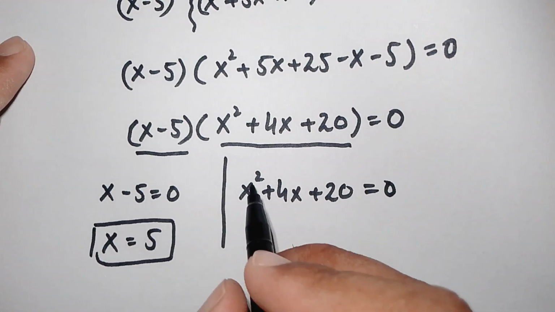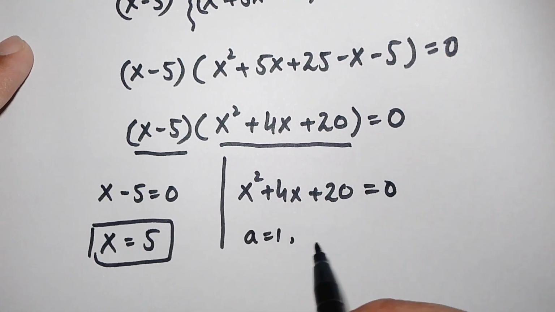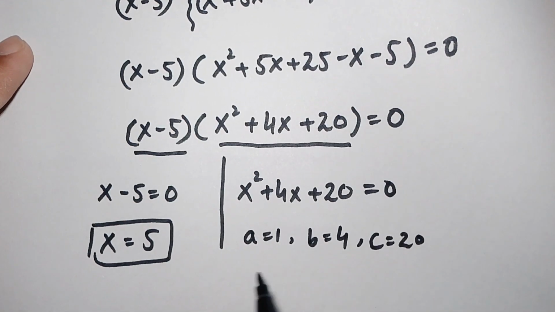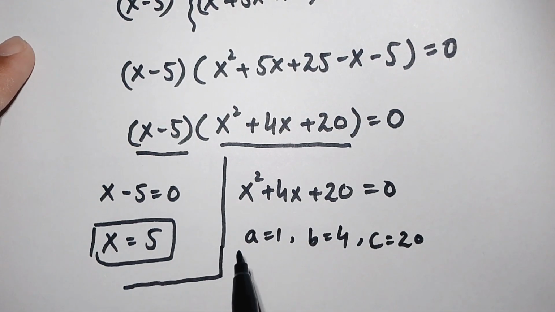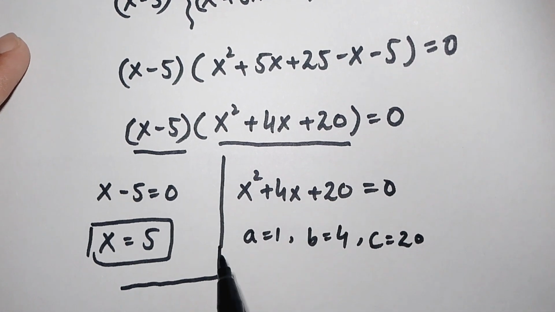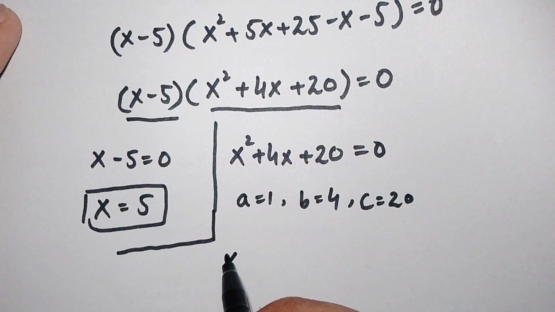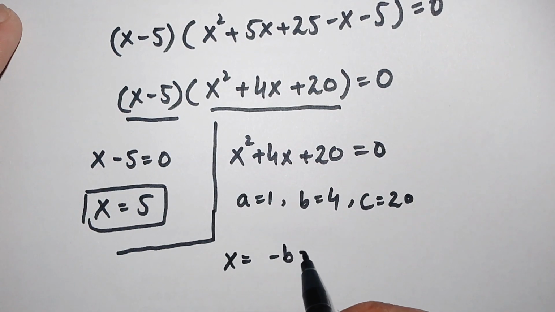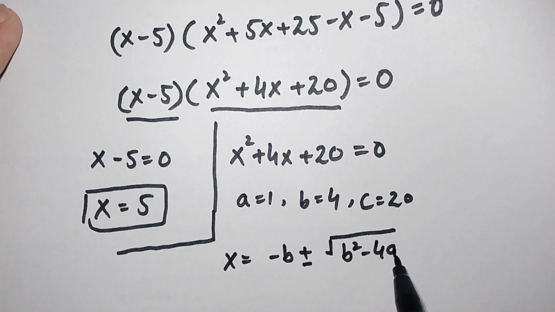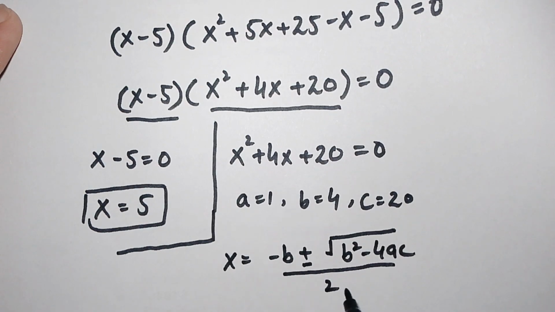So here a is equal to 1, b is equal to 4, and c is equal to 20. So in the next step, we have to apply and write the quadratic equation, that is x is equal to minus b plus minus square root of b square minus 4ac divided by 2a.